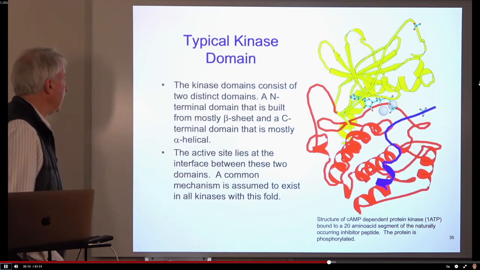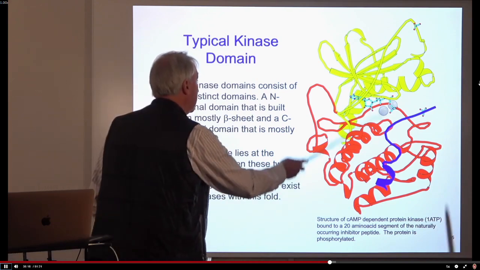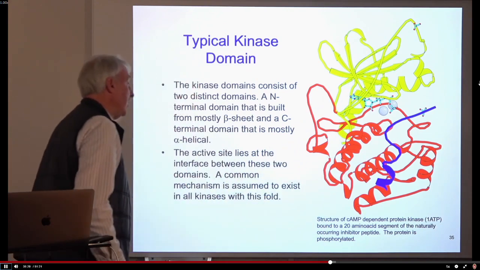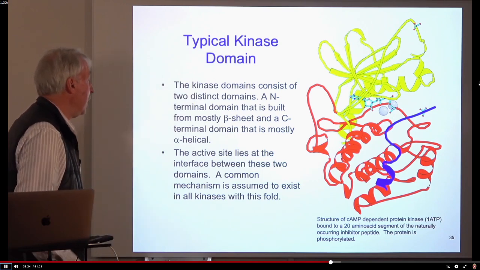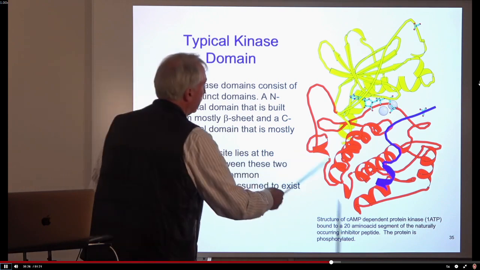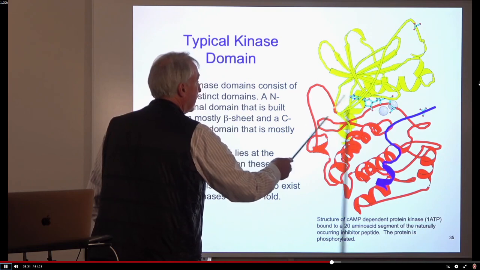So the typical kinase domain, as shown in cyclic AMP-dependent protein kinase, is the domain that transfers the phosphoryl moiety to the substrate. It shows that this is a two-domain protein. ATP is binding in an extended conformation.